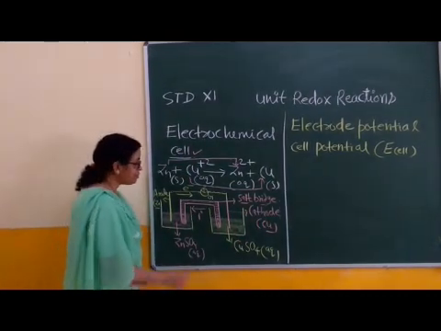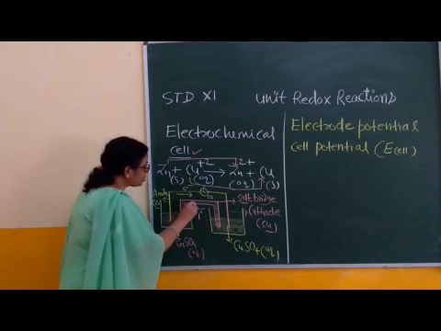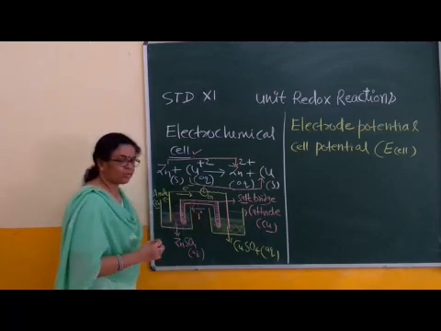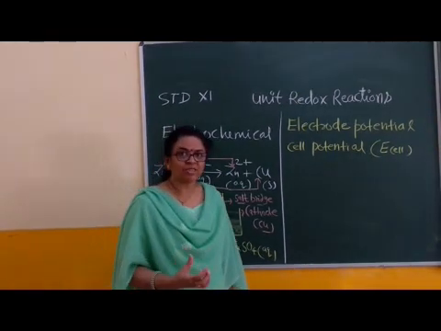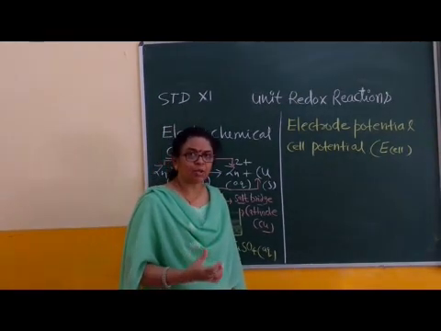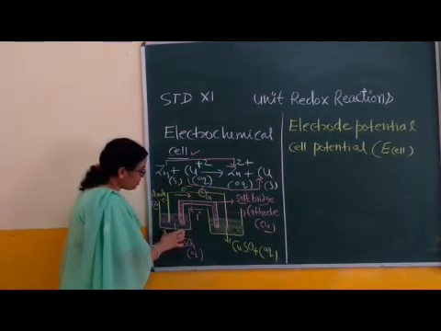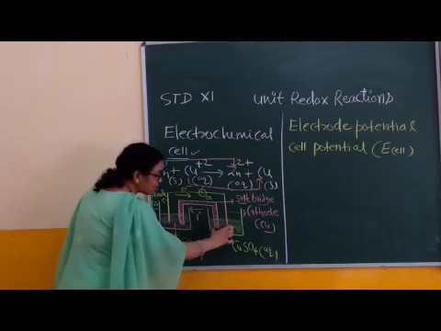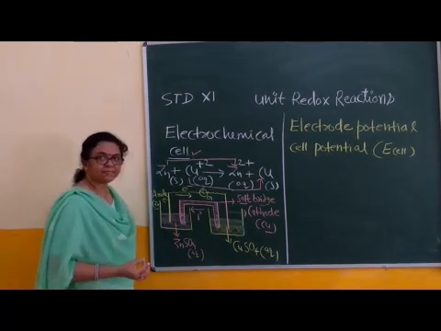What is taken in this U-shaped tube? An inert salt like KCl, potassium chloride, or potassium nitrate. The inert salt does not interfere with the anode electrolytic solution and cathode electrolytic solution, right? So this is called a salt bridge.